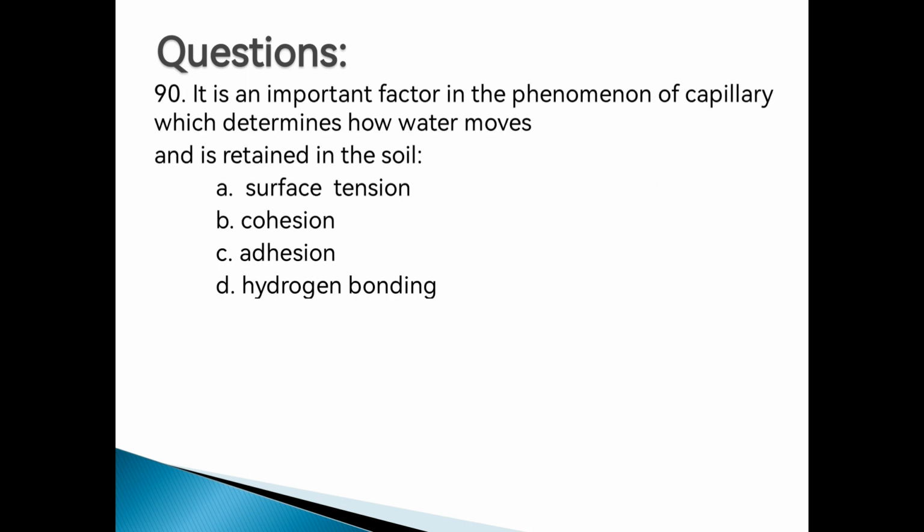Hydrogen bonding. Number 90. It is an important factor in the phenomenon of capillarity, which determines how water moves and is retained in the soil. A. Surface tension, B. Cohesion, C. Adhesion, D. Hydrogen bonding. The correct answer is A. Surface tension.